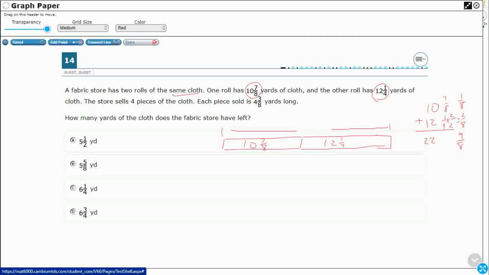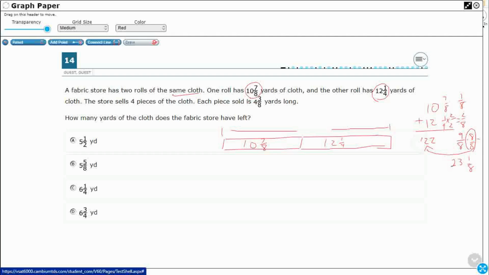So 22 and 9/8. If I wanted to rewrite it, I would take an 8/8 out of there, leave 1/8 left over, and add the whole to the 22, making it 23 and 1/8.